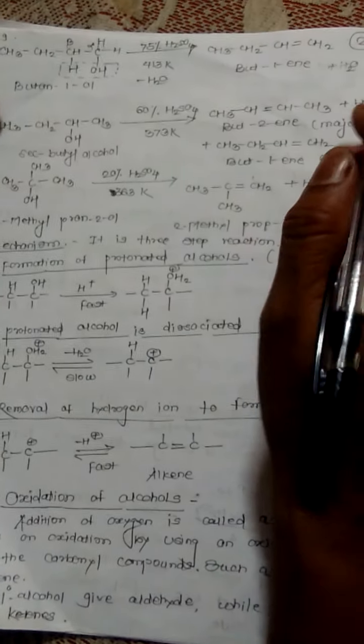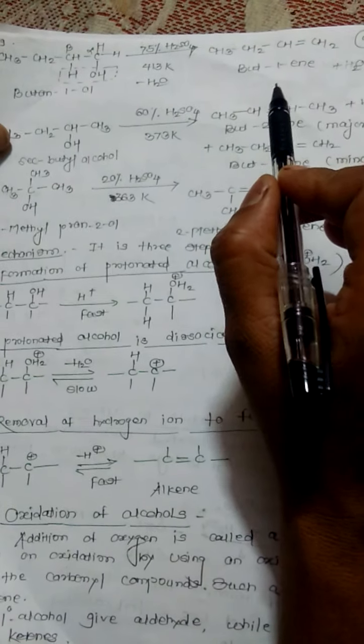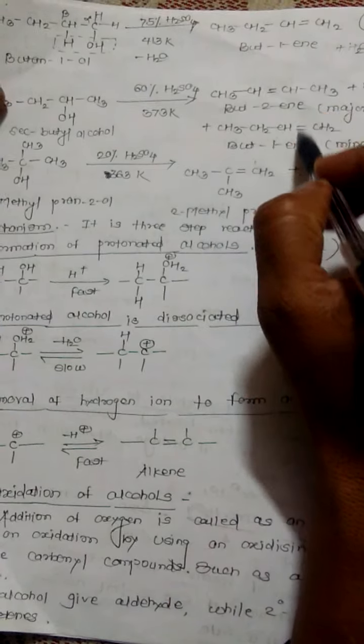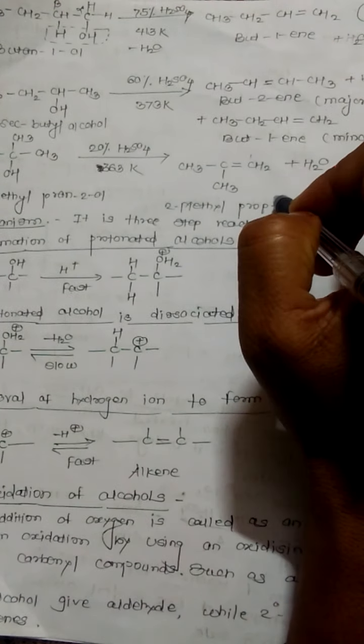Thus, here we take the common conclusion: alcohols on dehydration give an alkene, and the nature of the product depends upon the type of alcohol.